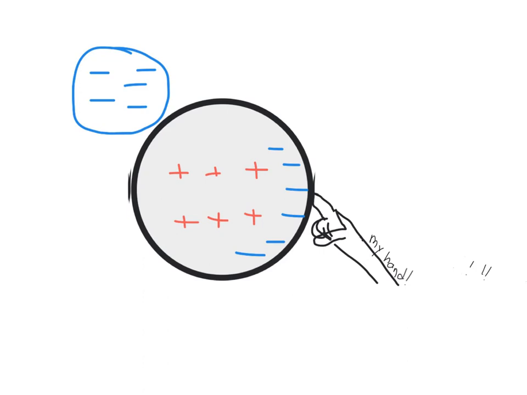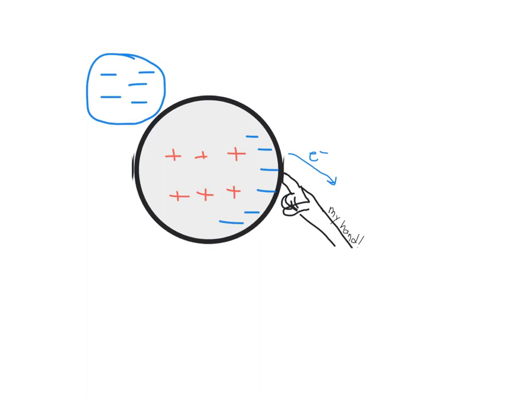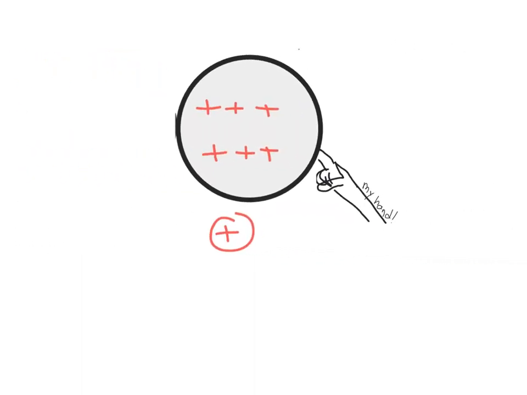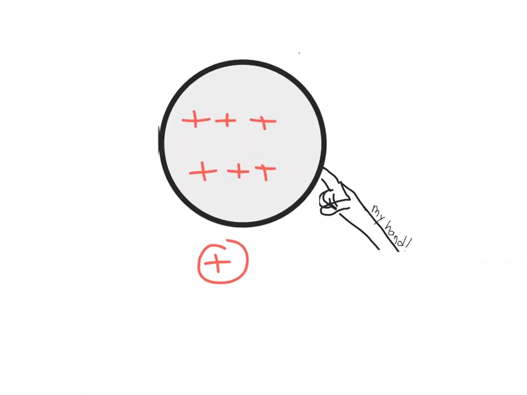I have now allowed for an egress route or an exit route for our electrons. So our electrons can then flow down my hand, which will leave us with a positively charged object. Now, this object might still have some electrons floating around.